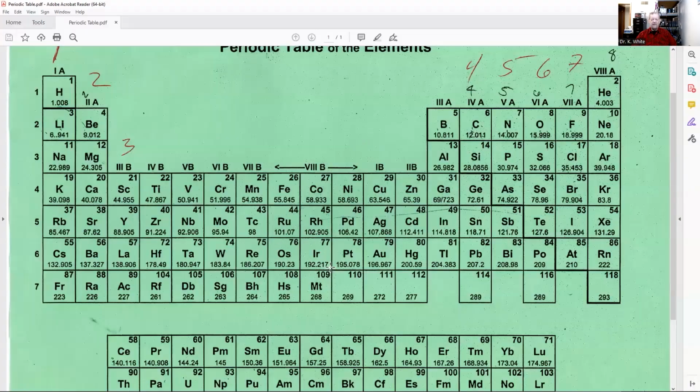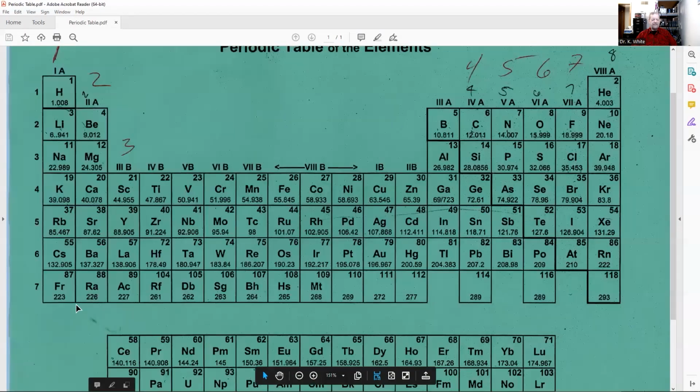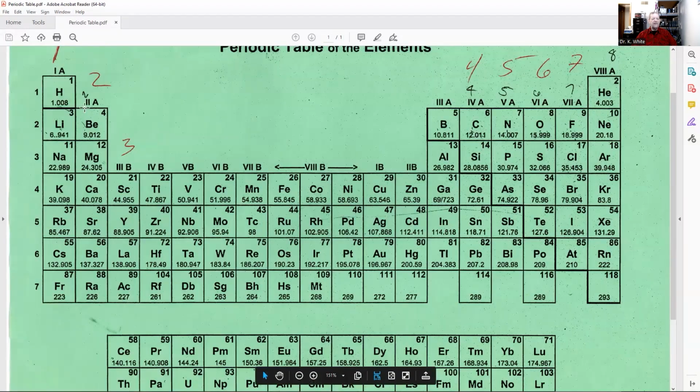Now, if you look at the periodic table on your screen, the number in the upper right-hand corner is the atomic number. Hydrogen, H, has atomic number of 1. And therefore it has 1 electron, 1 proton.